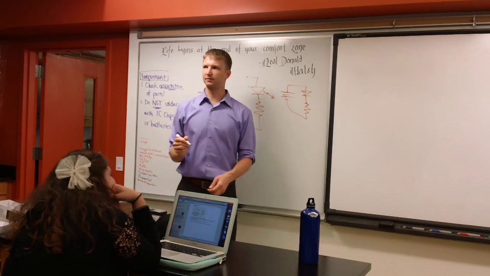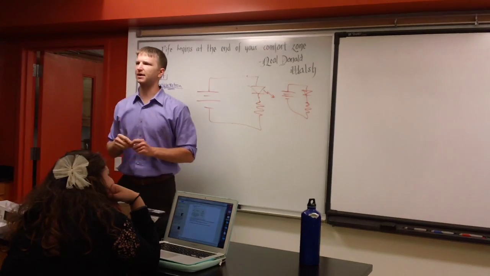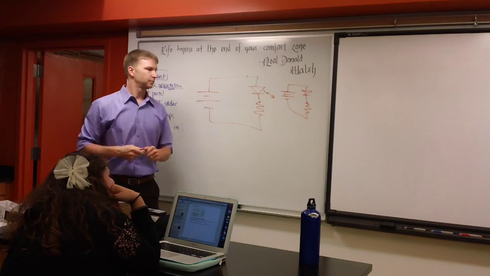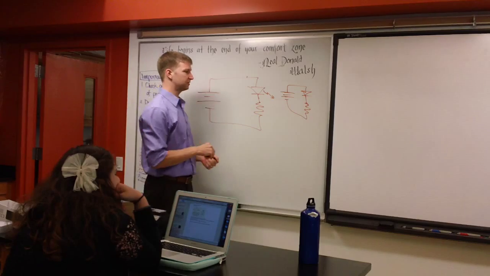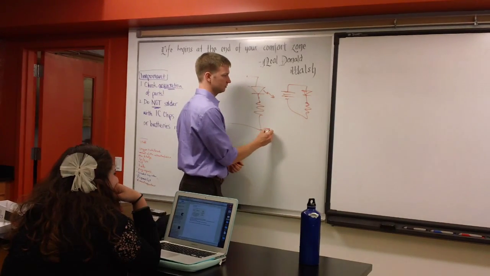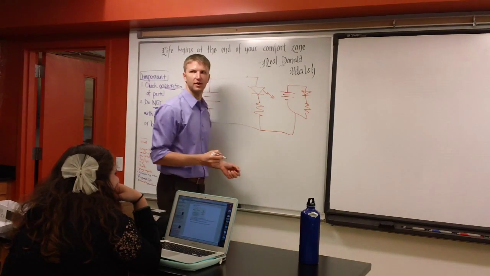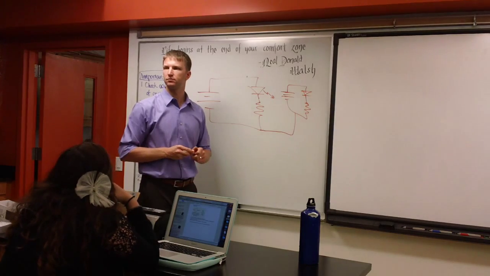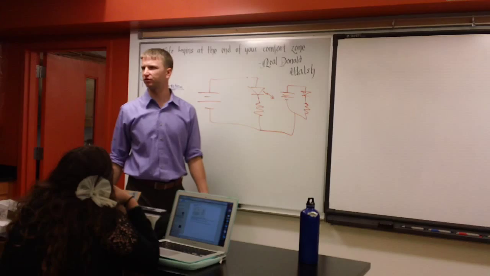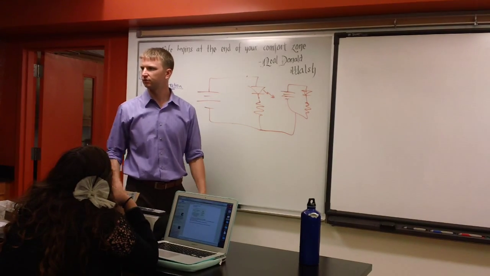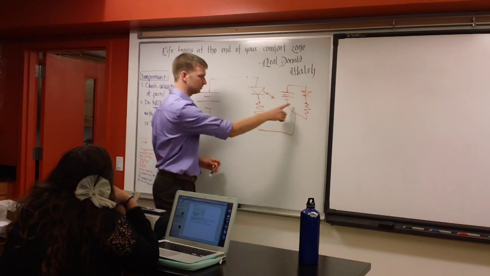Let's say you had 10 of these, and they're all over your schematic page. Well, if you want to have them all at the same reference point, you'd have to draw that. And if you had 10 of those, that would make your paper look like spaghetti, because it'd be all over the place with these wires.